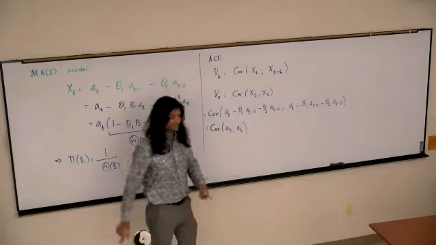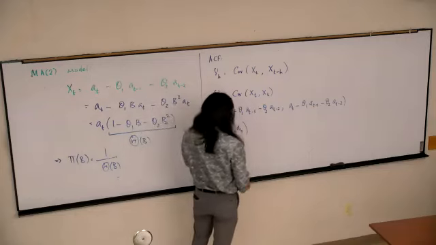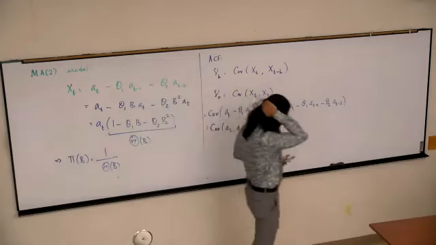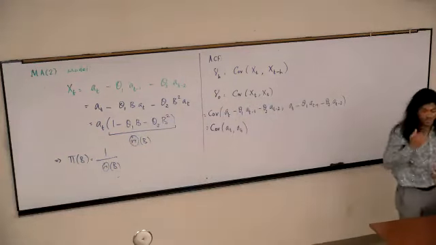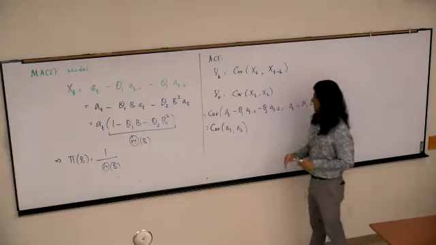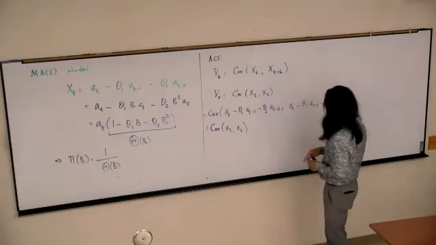This would simply be the variance of noise, and the variance of noise is nothing but sigma squared A. So that would be sigma squared A, great.